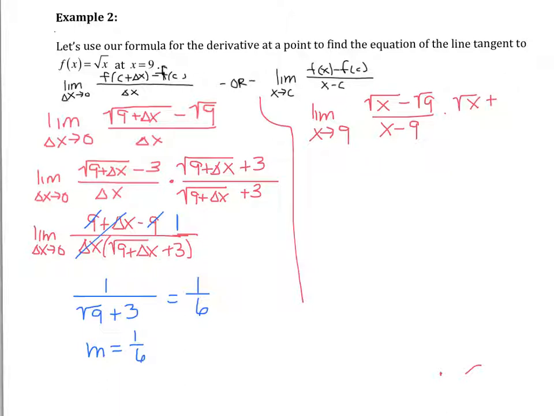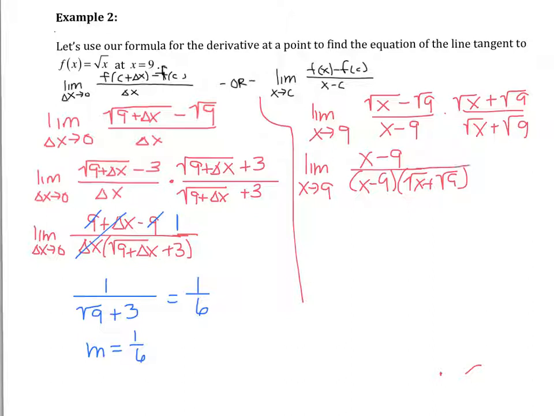So we multiply by root x plus root 9 over root x plus root 9. That gives us the limit as x approaches 9 of x minus 9 all over x minus 9 times quantity root x plus root 9. Conveniently these cancel out. We're left with 1 on top. Direct substitution now says that we do 1 over root 9 plus root 9. That is 1/6 as well. So again, either option works.